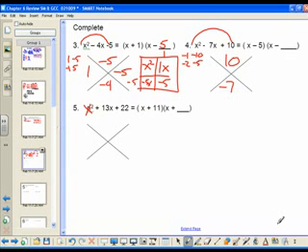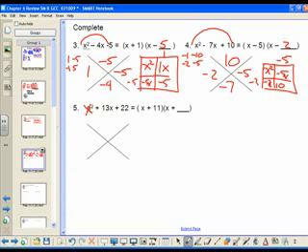Which of those are going to add up to be negative 7? So when I make my box, x squared, 10, negative 5x, negative 2x. So I can factor out a negative 5 here, negative 2 there. So what goes in the box? Negative 2, like that.